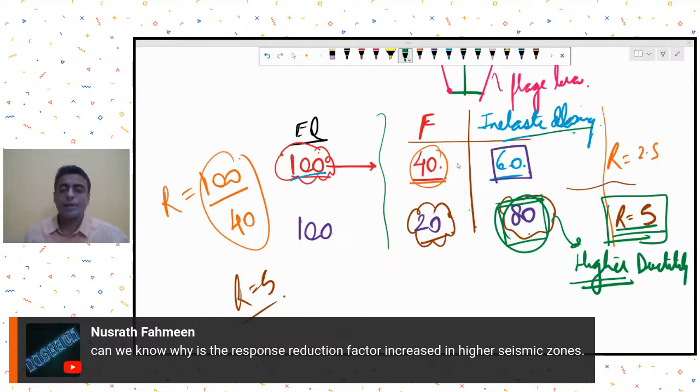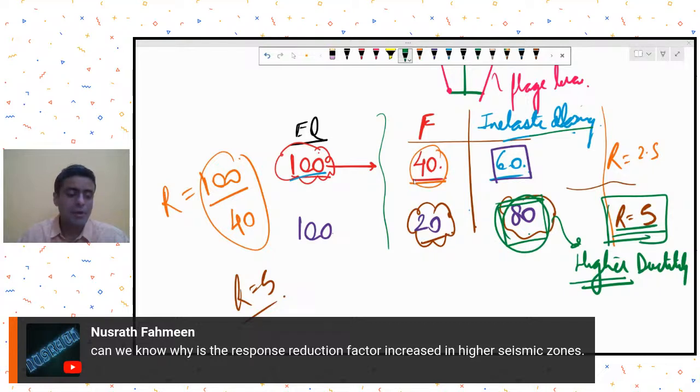Is that clear? So basically, when we go to higher seismic zones, we wish to have such systems which can give us higher ductility, because energy will be dissipated through inelastic damages, but still the structure should not fall down. So we would like to have such systems which can show us higher ductility.